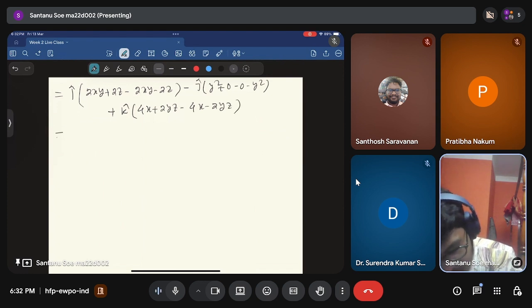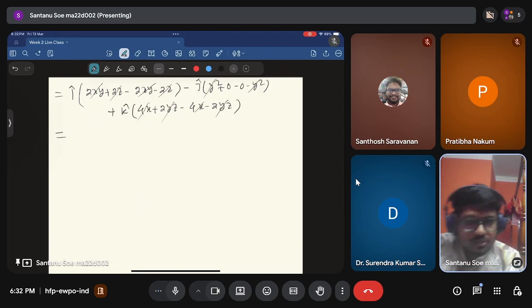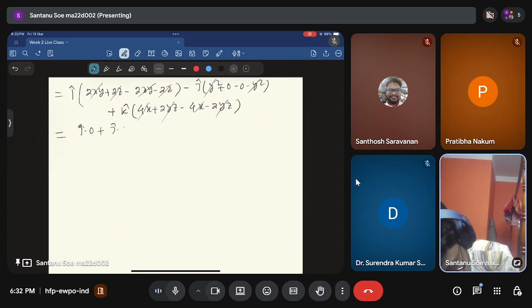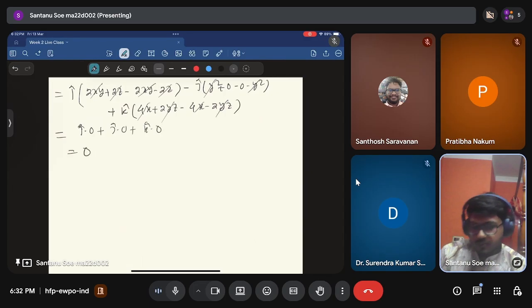Correct. So now from here we can see that this is all getting cancelled out. This 2yz, 2yz, 4x, 4x, so all are getting cancelled out. So this is going to be simply i into 0 plus j into 0 plus k into 0. So this is ultimately 0.